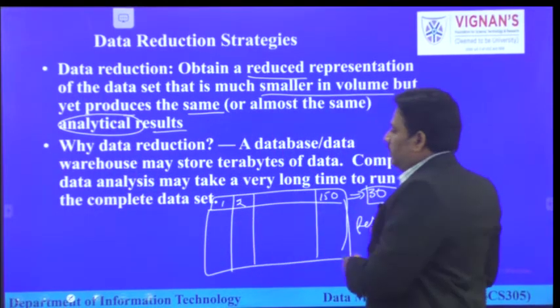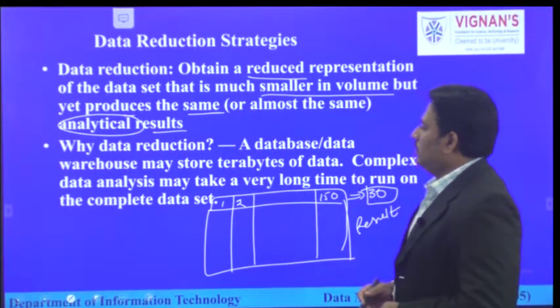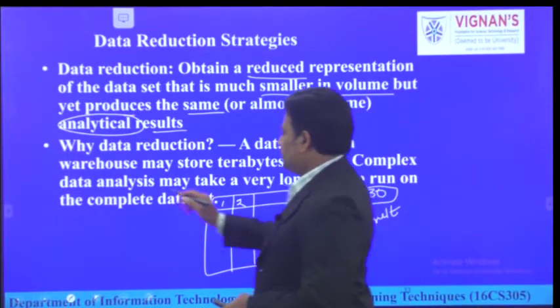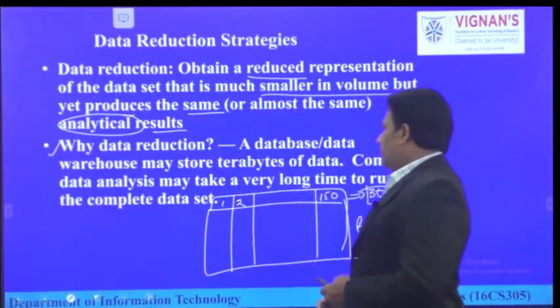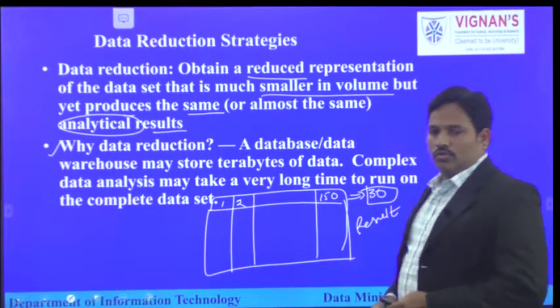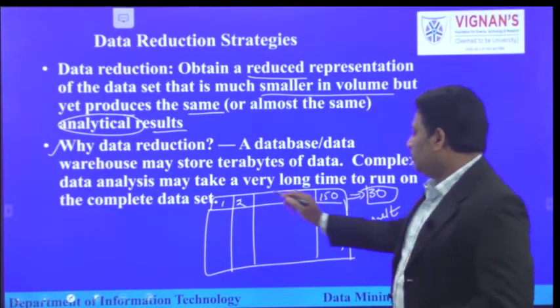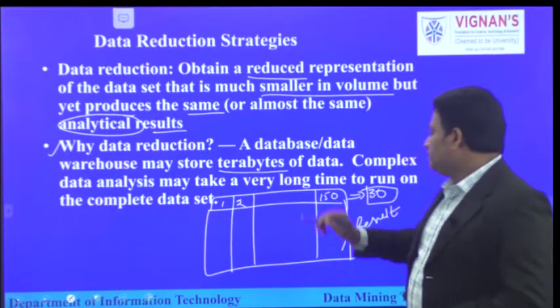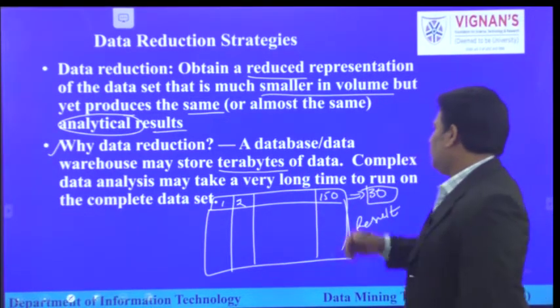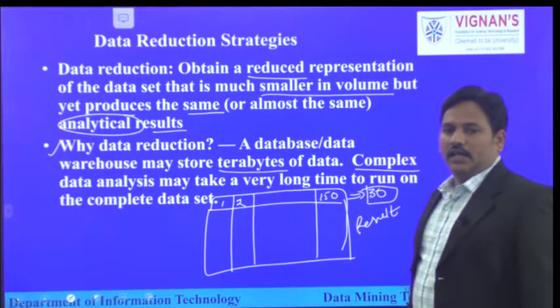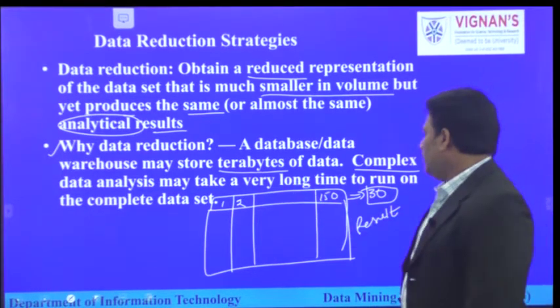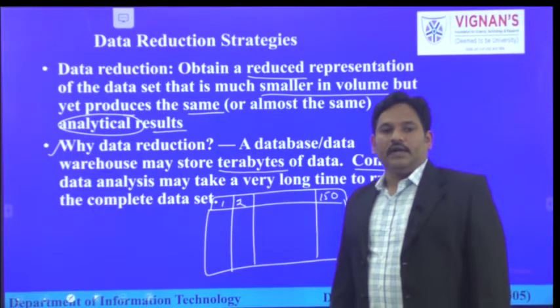Now how can we apply this reduction, that we will see now. Why do we want to go for data reduction? This is a fundamental question. A database or data warehouse may store a large amount of data in the form of terabytes or petabytes. When we are storing terabytes and petabytes of data, we may encounter complex data analysis which may take a very long time to run on the complete data set.